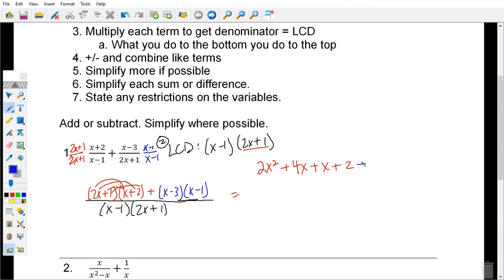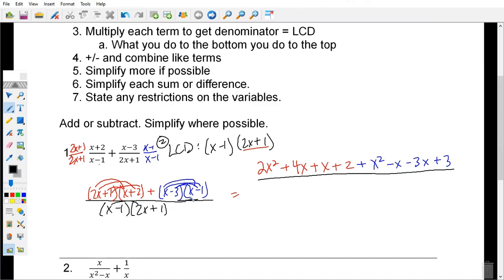Okay, we're going to do the same thing on the other side. x times x gives us x squared. x times negative 1 gives us negative x. Negative 3 times x gives us negative 3x. And then negative 3 times negative 1 gives us a positive 3. Now we just combine. We're going to now multiply the denominator.